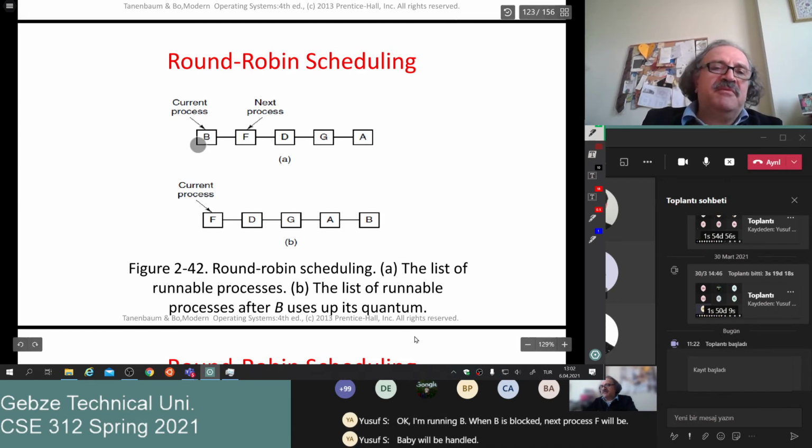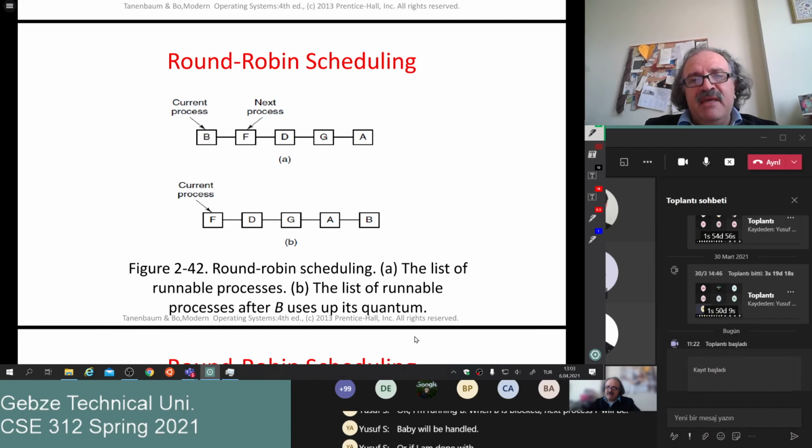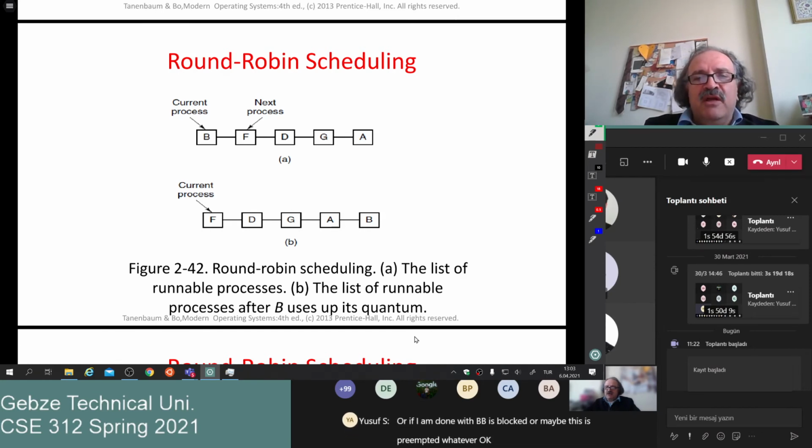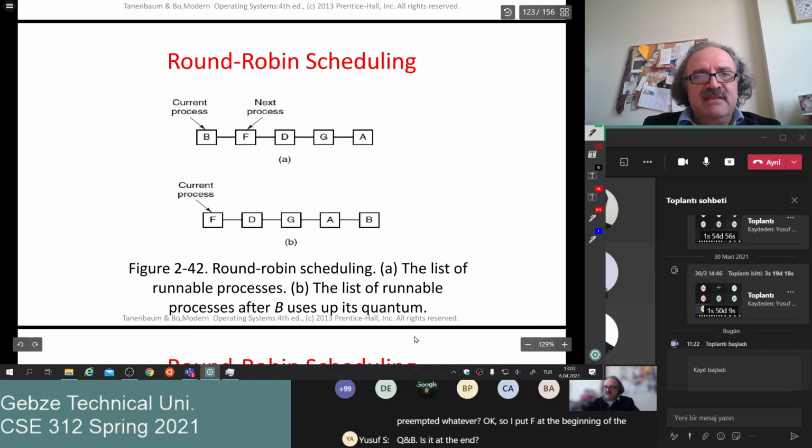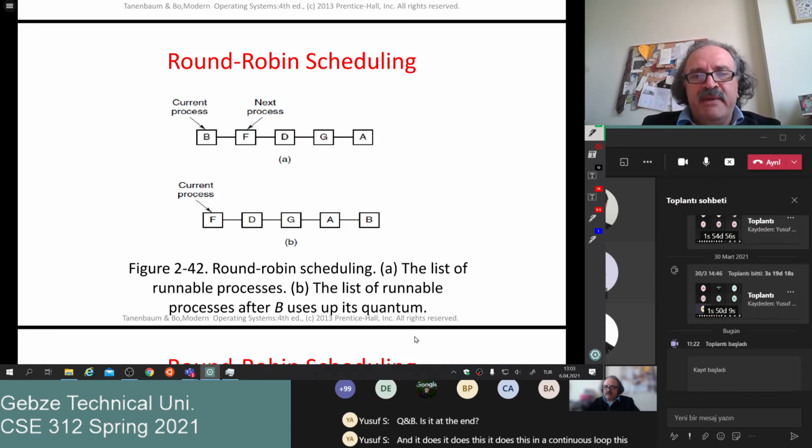Or I am done with B. B is blocked, or it is preempted, whatever. Okay, so I put F at the beginning of the queue and B is at the end, and it does this in a continuous loop. This is called round robin.